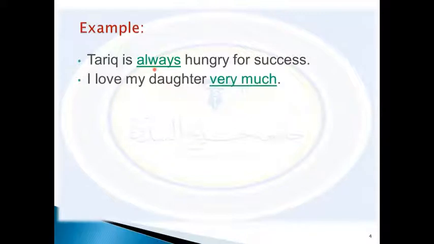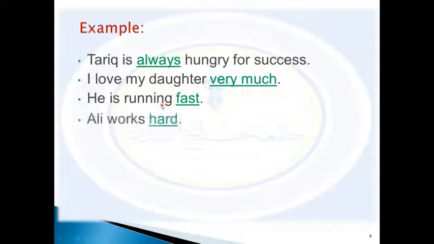I love my daughter very much. So also you think of very much, okay? You think of very as one of the adverbs. He is running fast. Fast here also is an adverb that describes the verb running. Ali works hard.